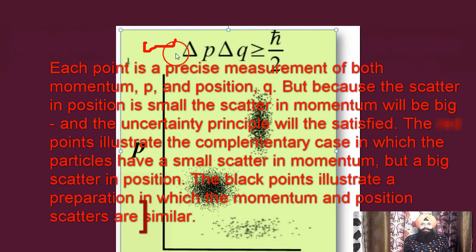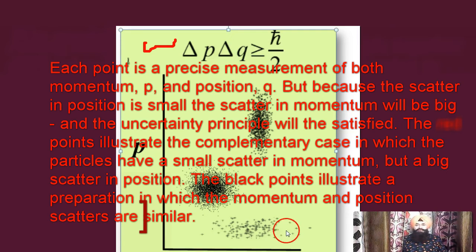This uncertainty is actually an inherent property of the wave itself. There is no problem of measurement. So let us discuss this uncertainty principle again.